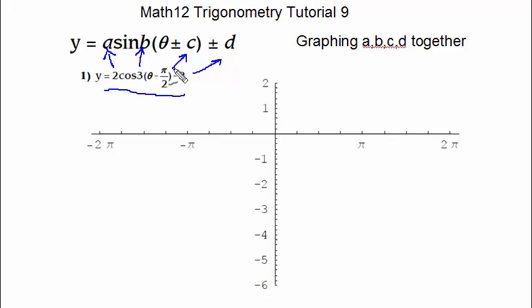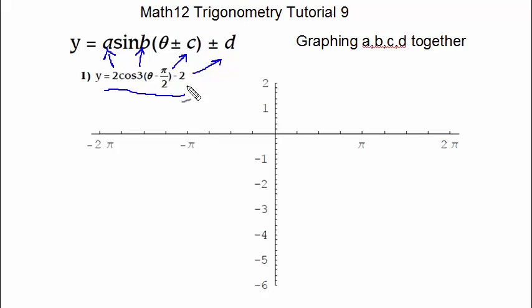Actually, we just move this entire graph down by 2, and then stretch it up. We say vertically expand it by 2, horizontally shrink it by 3, and move right by pi over 2. All these things, how do we represent them on paper? That's the hard part. Now I'm going to show you how to use the duck and the sheep rule to do these things.